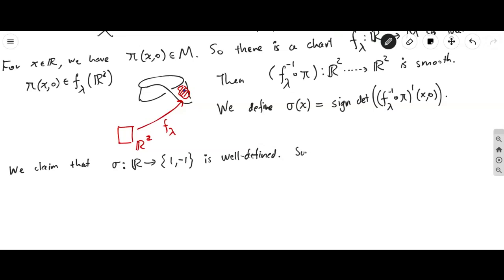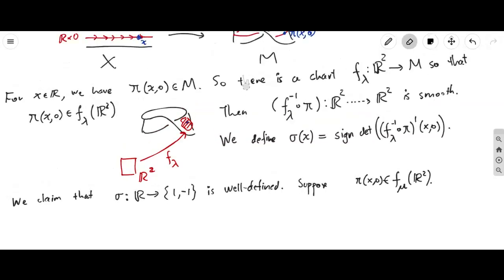Suppose we pick a point x, comma 0, and you map it to the Mobius band by pi, but suppose that point is in a different chart. Let's say it's in the mu chart. In a different chart, because we are choosing a chart, right? We're saying there is a chart. So we're picking a chart. What if we picked a different chart?